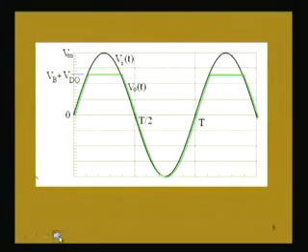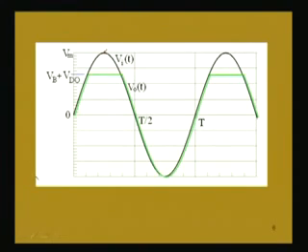So, now we can draw the input and output voltage waveforms. Vi is the input voltage, which is sinusoidal. Suppose it has a peak value of Vm, and we want to draw V naught along with this Vi, superimposing on Vi, then we will be getting, that is denoted by this green line, this is the output voltage V naught.